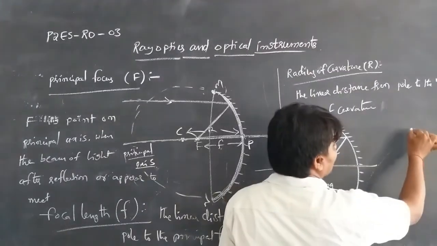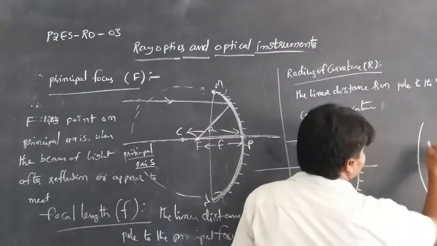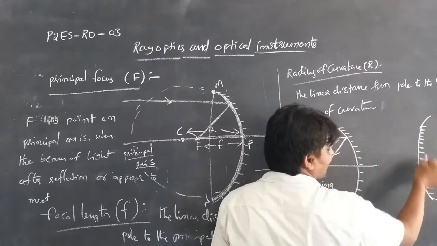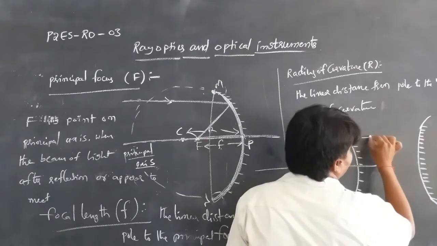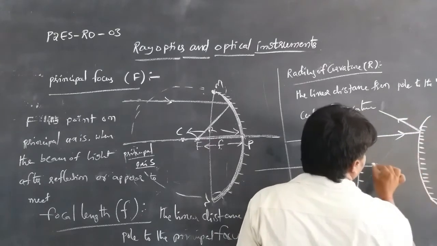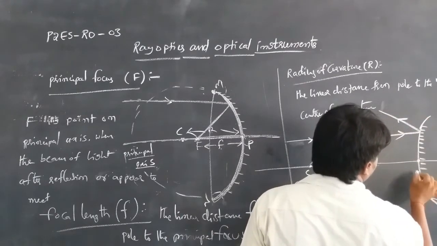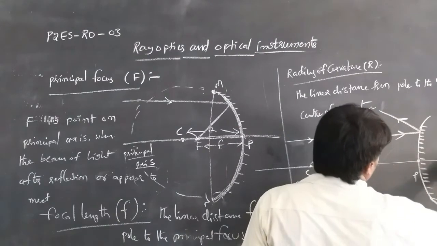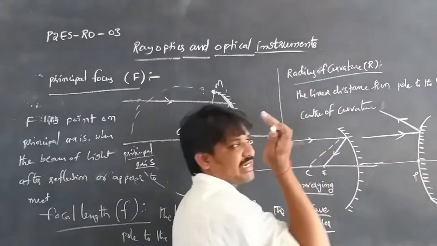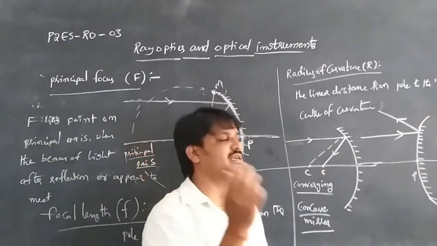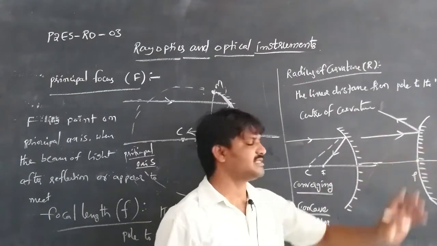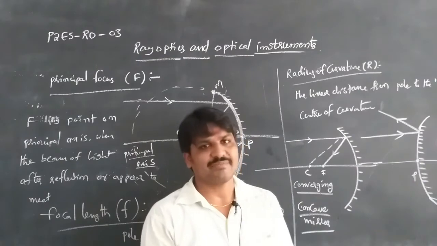If the mirror is convex, the reflection happens on the outer bulging surface. When the light ray is incident on that, the reflection takes place like this. Same as before, this is the pole, the center is like this, and this is the principal axis. The light is diverged. When a beam of light is incident on a convex mirror, it will be diverged.